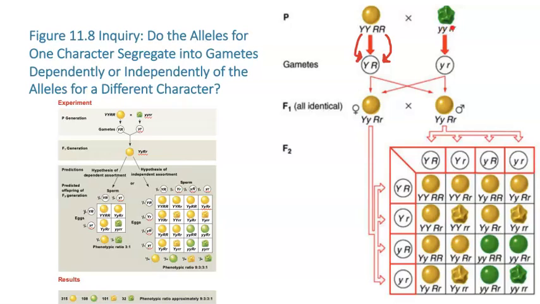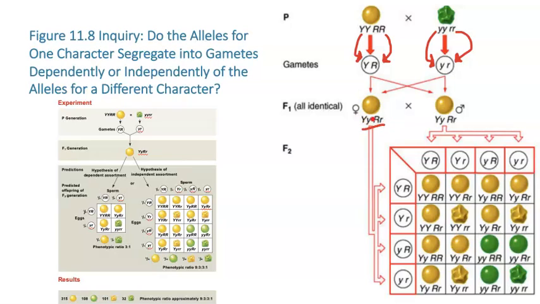And when we go through making gametes, we have to follow the law of segregation. Only one Y can go into this gamete, right? But we also have to have one R because we're going to pass down both color and texture to the next generation. So if we cross these two together, we're going to get these hybrids.